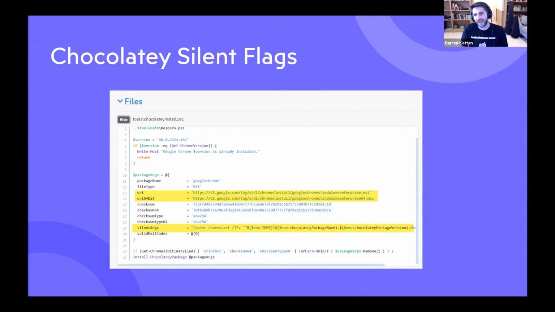That Chocolatey package has the links to the MSI or whatever the installer is, as well as the silent args. Sorry, Darren, to interrupt. What you're saying there is to get those silent arguments out in a quick way. If it is in Chocolatey, you can just delve into this and extract the arguments to install the software silently. Precisely. Yeah. So this is one quick way that you can do that. And Chocolatey has a lot of stuff, so it's a good place to check.